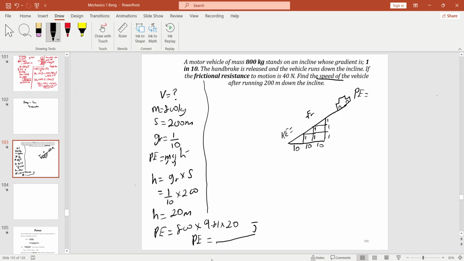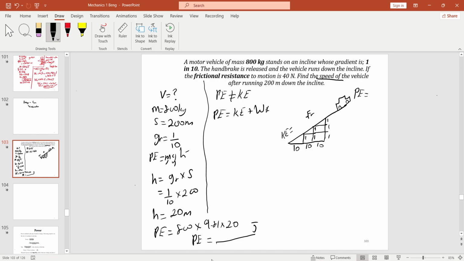We know that because of friction, PE is not equal to the KE. But PE is equal to the KE plus the work done against friction. Okay, we know PE.